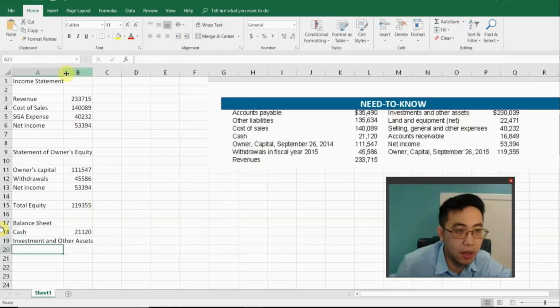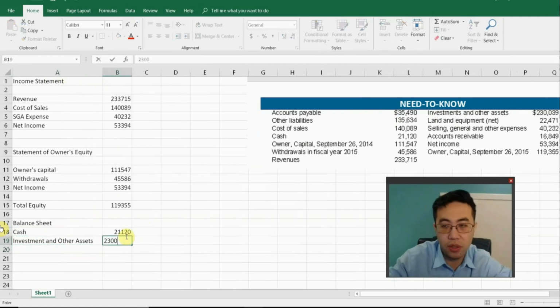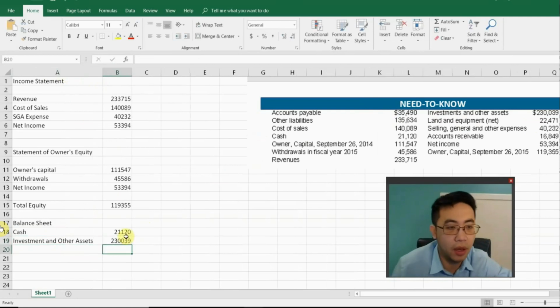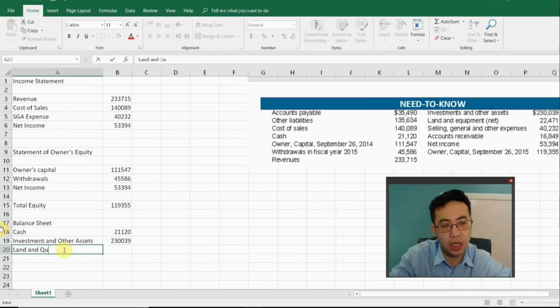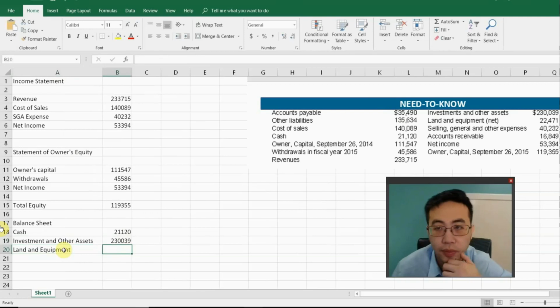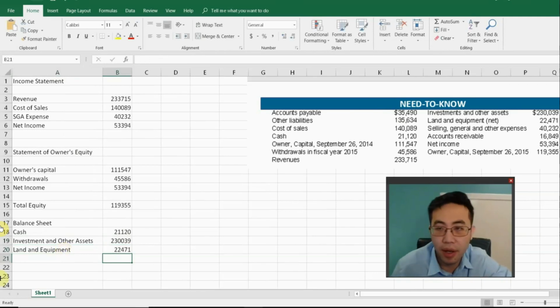So that is 230,039. And I have land and equipment. This is also an asset, 224,741.